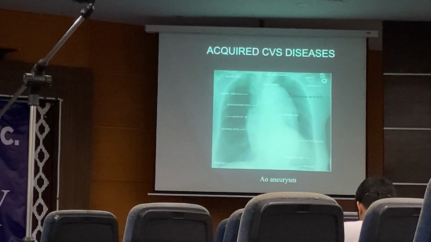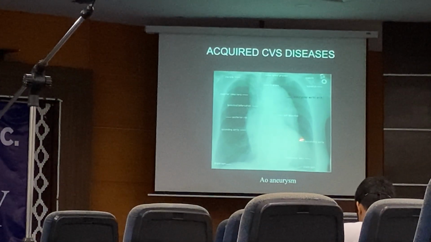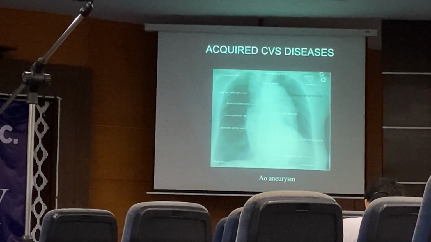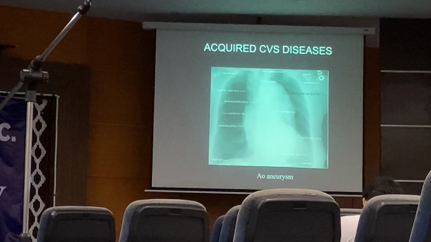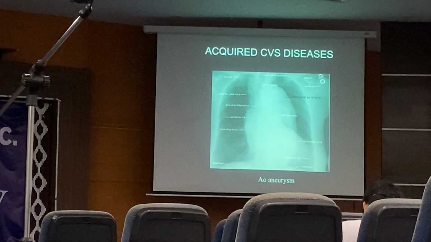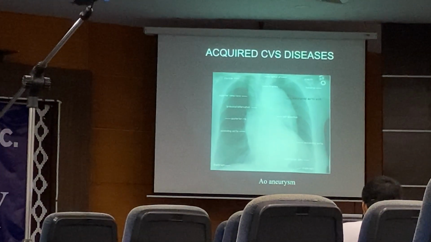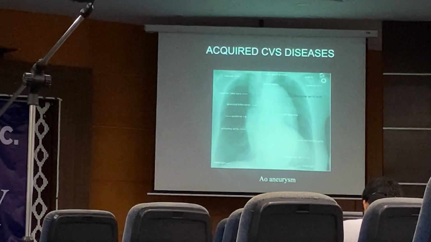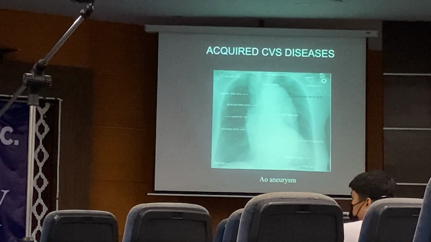So what do you see in aortic aneurysm? If you see a chest radiograph like this, you have a prominent and seemingly dilated aorta. Would you right away jump to the conclusion that this patient has an aortic aneurysm?